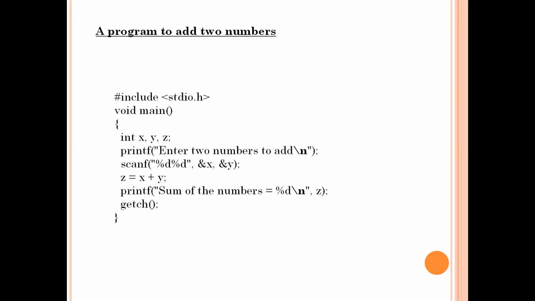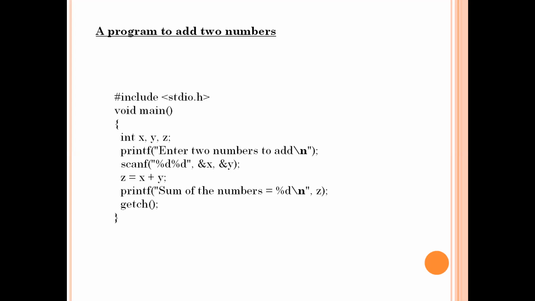These are already built-in, pre-defined and pre-compiled functions included within the header file. So for making use of these input output statements, we must include the header file stdio.h for our standard input output statements. Okay, that's about the first line of the program.